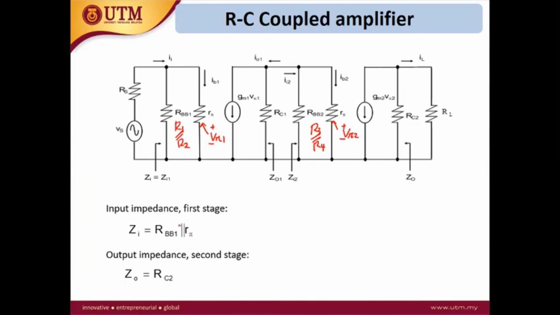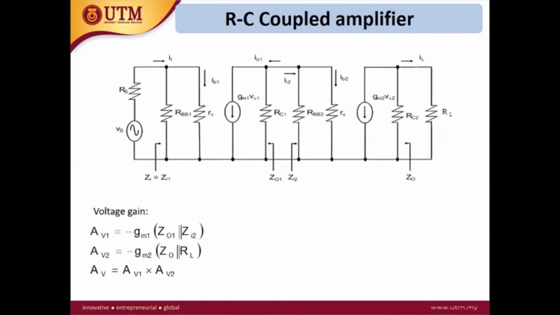The input impedance for this multistage is seen from the input here. From the input, you only see the RBB1 and R pi. As for the output, we will only see the RC2.